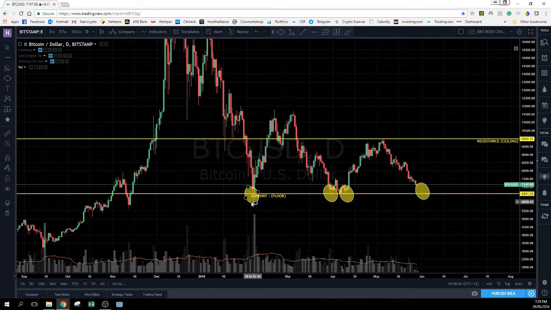Now, if we do the same for the top, we can see that we have the line touch there. That was on the way up, kind of briefly. Then we had a touch here.